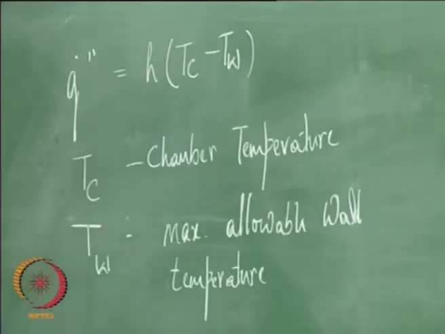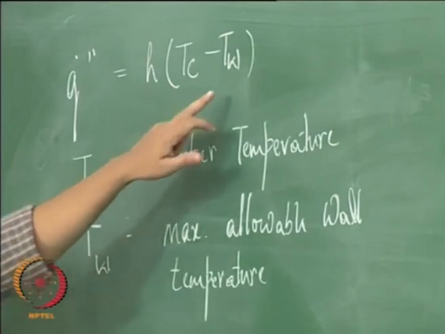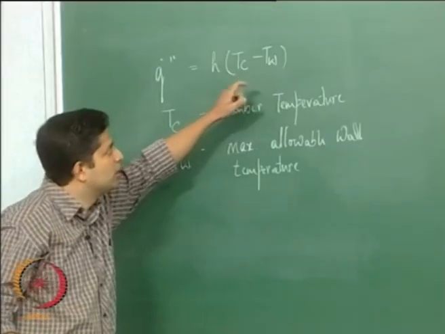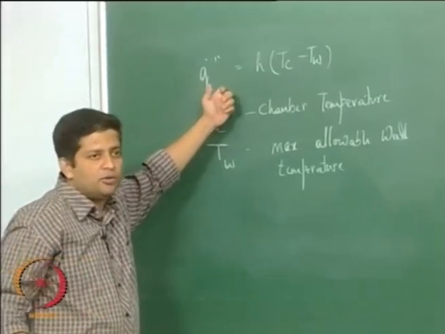Okay. So depending on this T wall and Tc, you will have Q dot double prime.